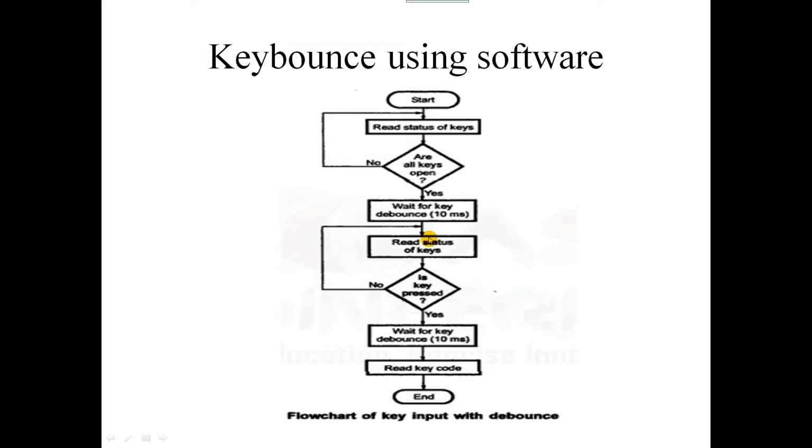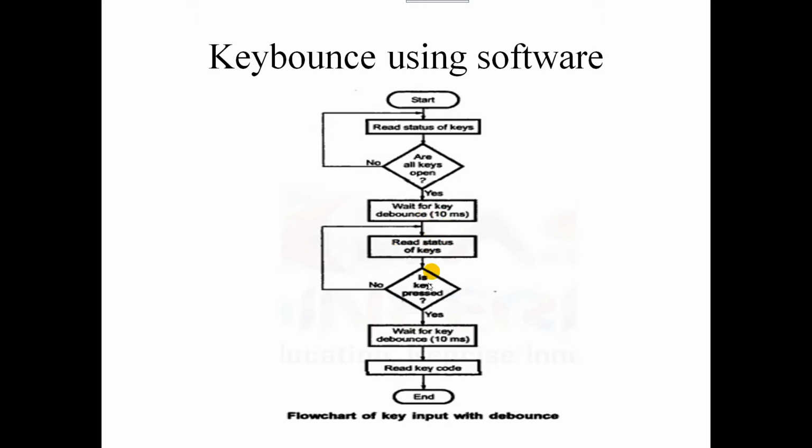After waiting for the first key debounce period, the software goes for reading the status of the key. First it checks whether the key is open or not. If the key is open, it waits for 10 milliseconds to see whether the key is pressed.